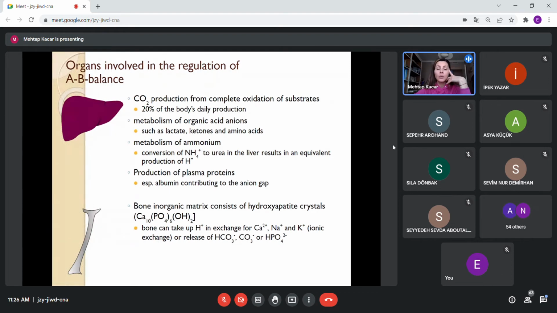Last, production of plasma proteins leads to carbon dioxide production and also hydrogen ion. Bone inorganic matrix consists of hydroxyapatite crystals, and they are an important buffer system. Bone can take up hydrogen ion in exchange for calcium, sodium, and potassium ion, or release bicarbonate, carbonate, or hydrogen phosphate.